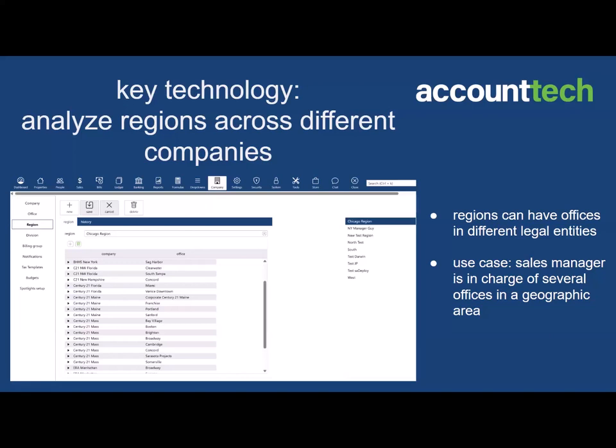So normally we run a P&L, a report for a company, or we run a report for an office, but it could be that you want to run a report for a region, right? Because you've got a sales manager that's responsible for all of the offices west of the city, and you have another sales manager that's responsible for all of the recruiting in Iowa or Illinois or some state or something.